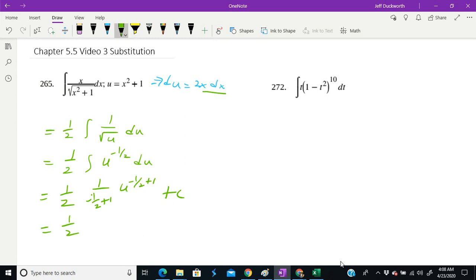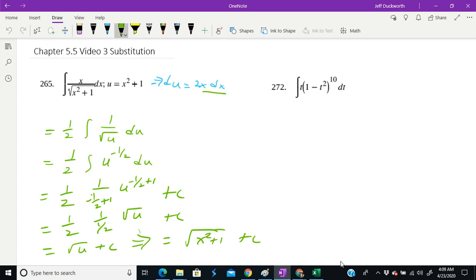It's 1/2 times 1 over 1/2, which is just 2, and then we have root u. So these actually cancel because, again, the second fraction is actually 2. So it's just root u plus c. Now we have to fill in. u was x squared plus 1, so this equals root x squared plus 1 plus c.